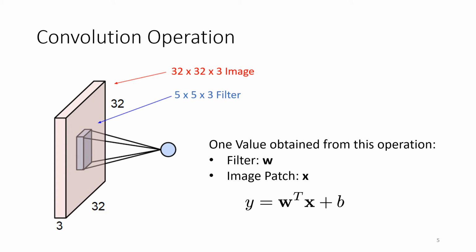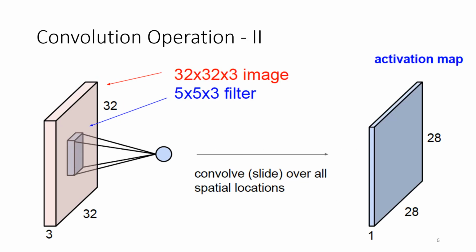The convolutional operation is basically putting this kernel or filter over the image and calculating the inner product of the parameters and the pixels of the input image to get one scalar value. This is called one convolutional operation. In general, a convolutional operation consists of moving this filter to different parts of the image.